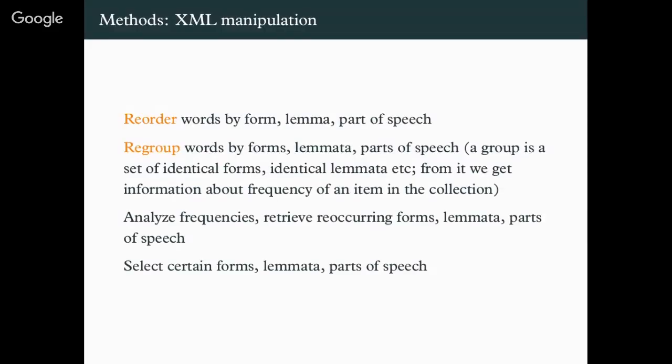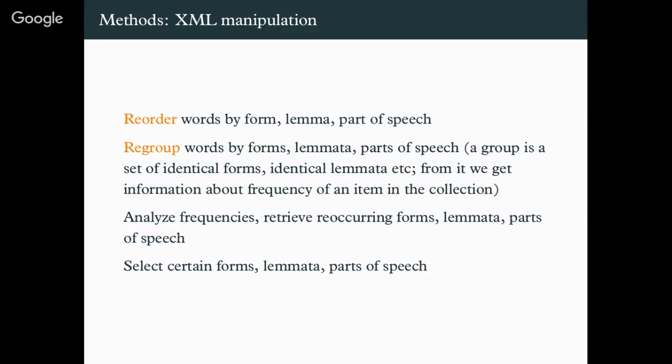Now, once we have all this information, we want to do something with it. The basic manipulation that we wanted to do is, first, to reorder the texts. We want to see them in a different order, not the way it comes at us when we read the text.